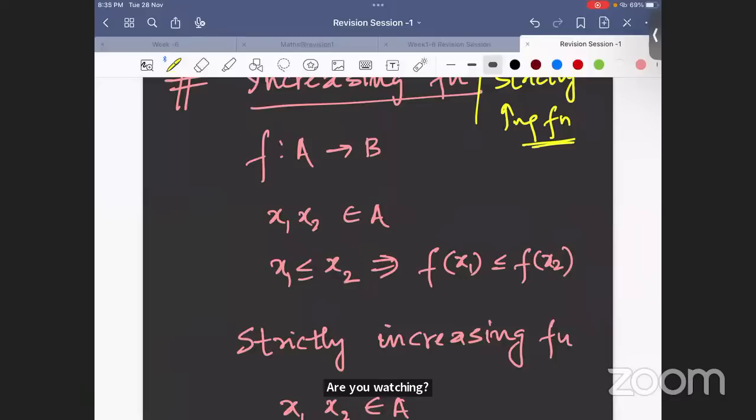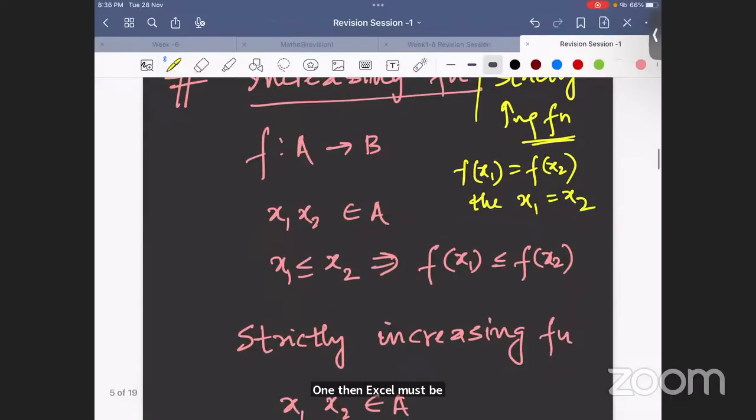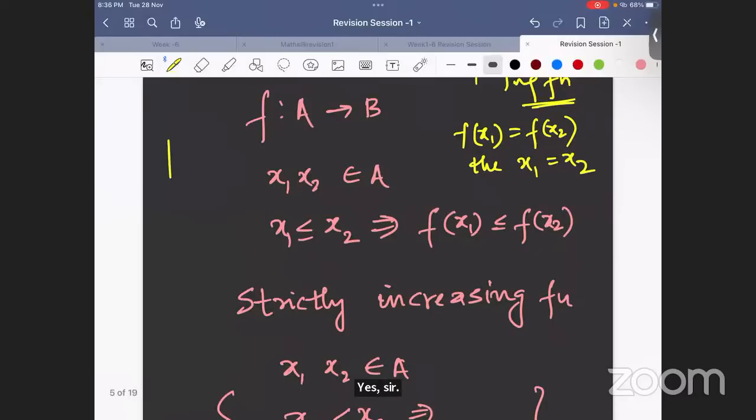If the equality holds, will the function be one-one or not? No, sir. You already told me for a one-one function, if f(x1) equals f(x2), then x1 must equal x2. But for this condition, if I'm plotting an increasing function, is this a one-one function?